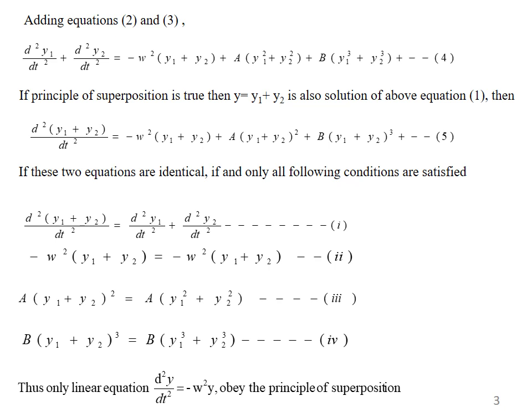That is, we conclude that the superposition of two solutions, y is equal to y1 plus y2, is a solution of only a linear equation. Thus, only the linear differential equation d square y divided by dt square is equal to minus omega square y obeys the principle of superposition. Hence, the resultant of two or more harmonic displacements is the algebraic sum of the individual displacements.